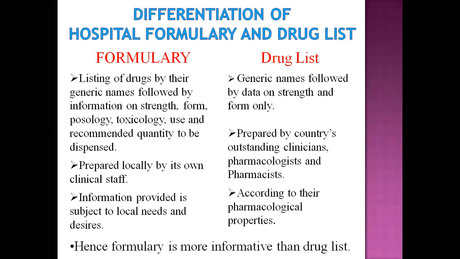Here in formulary, you have to give everything related to the particular drugs which are listed in the hospital formulary. And this hospital formulary is prepared locally as per the needs of the local environment. So, hospital formulary is more informative than the drug list.